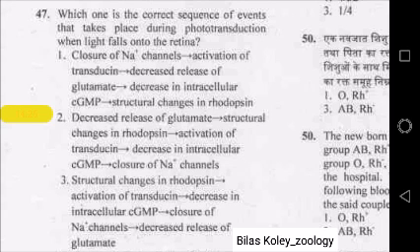Now we will discuss question number 47. Which one is the correct sequence of events that takes place during phototransduction when light falls on the retina? The options are actually pathways. Option one: closure of sodium channel leads to activation of transducin, leads to decreased release of glutamate, leads to decrease in intracellular cGMP, leads to structural changes in rhodopsin.